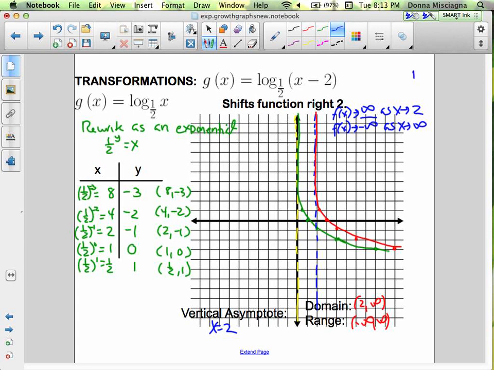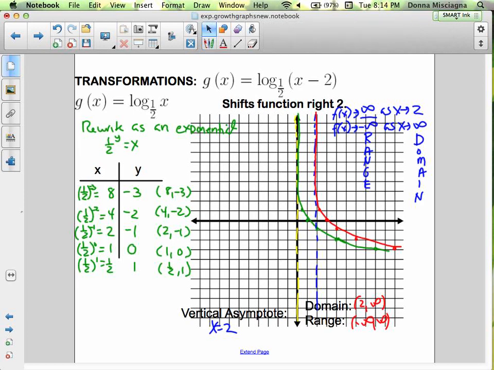This matches the domain. I'll write it down here. It can't be anything different than your domain, 2 to infinity. And this part here matches range, so the range was all real numbers. And that's it.